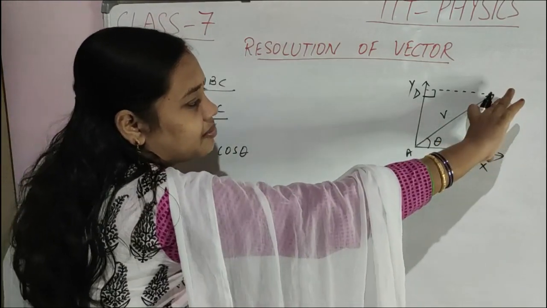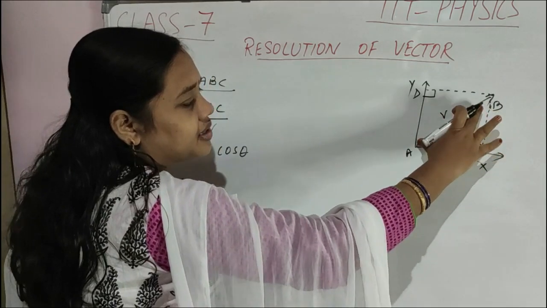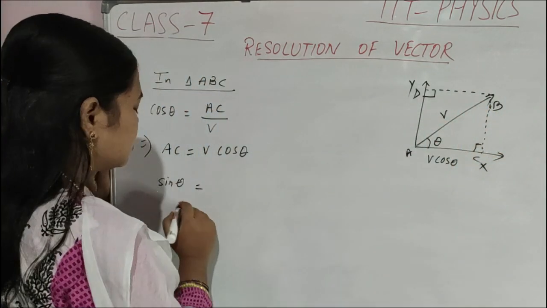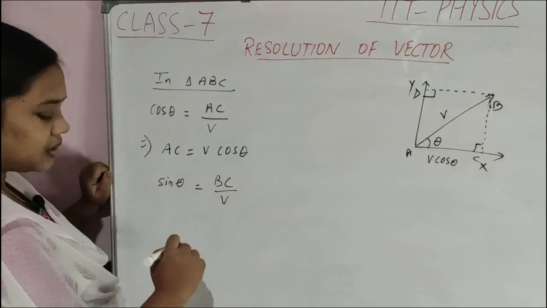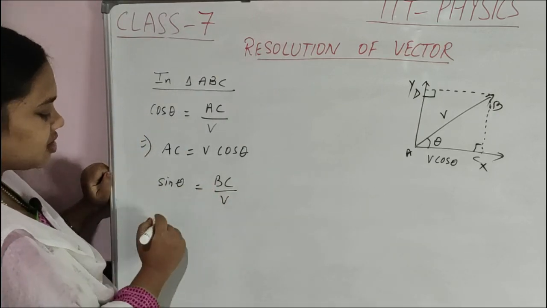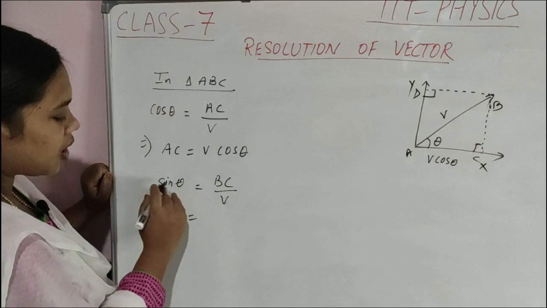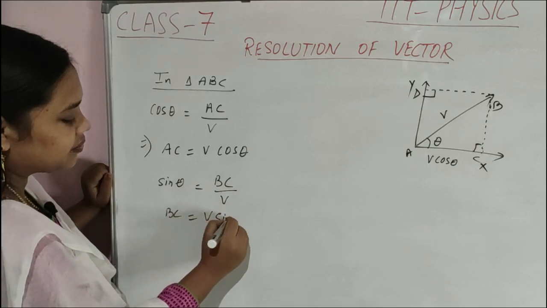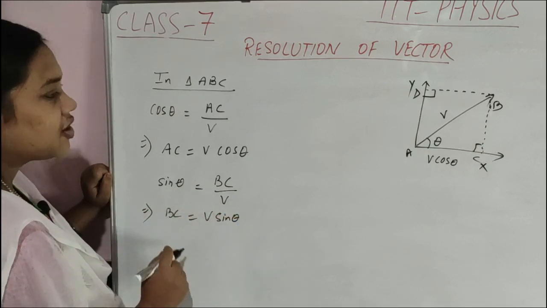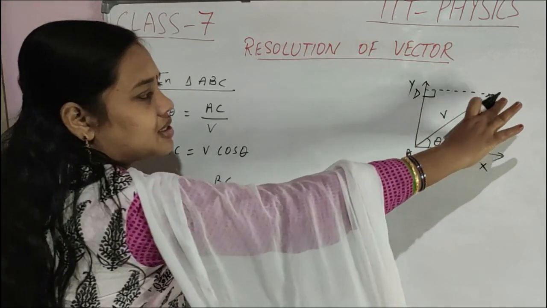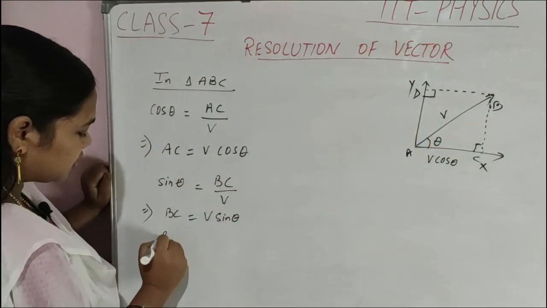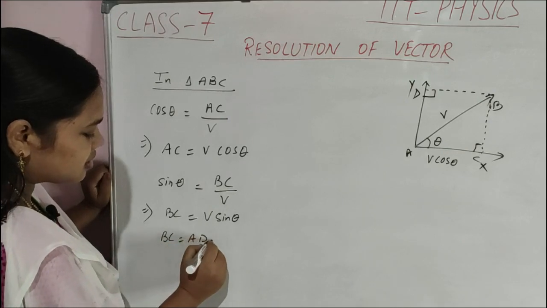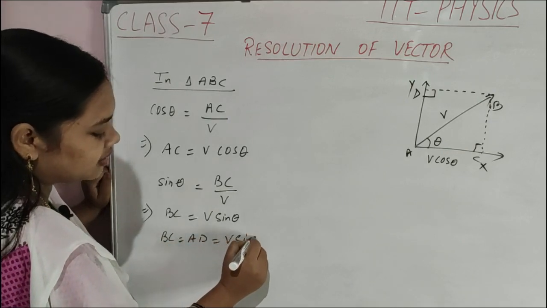BC, and the hypotenuse is V. So sine theta is BC by V. Again cross multiplication: BC is equal to V sine theta. BC is equal to AD, which is equal to V sine theta.